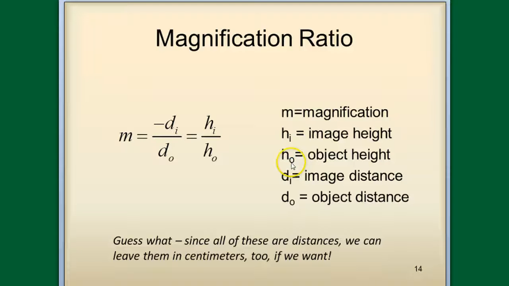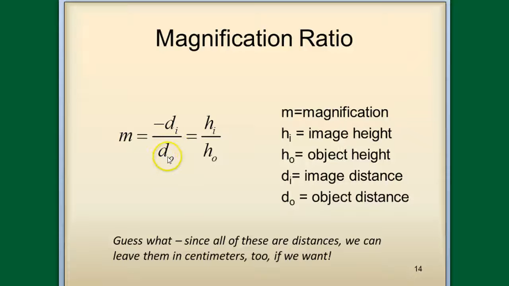All right, and lastly, the magnification ratio equation. M equals negative di over do, which equals hi over ho. We've had these before, but hi is the height of the image, ho is the height of the object. You can use either one of these to calculate the magnification of the object. That means how many times it's reduced or magnified.